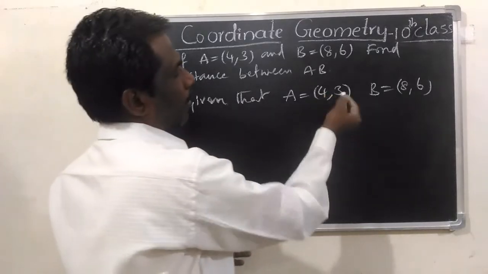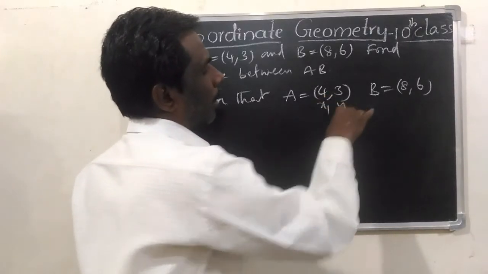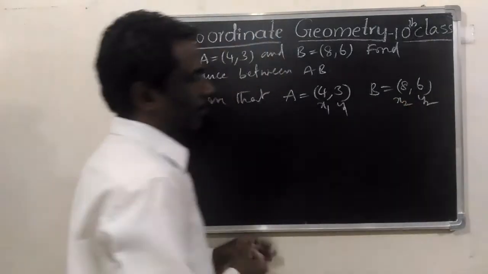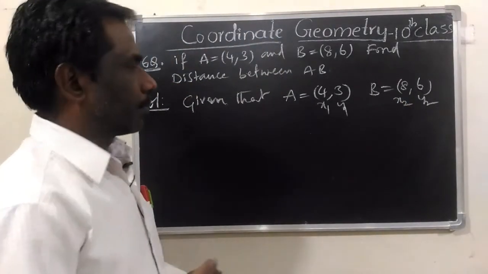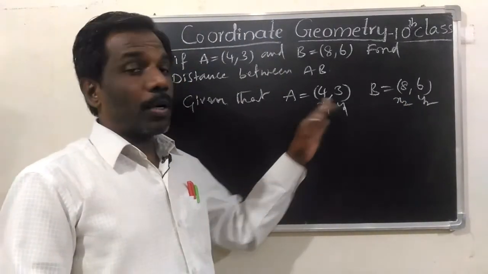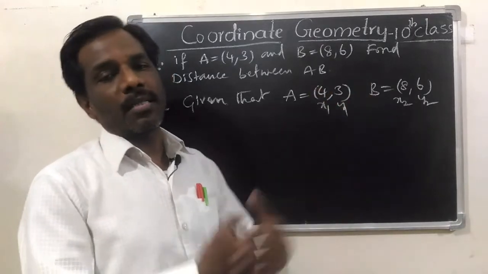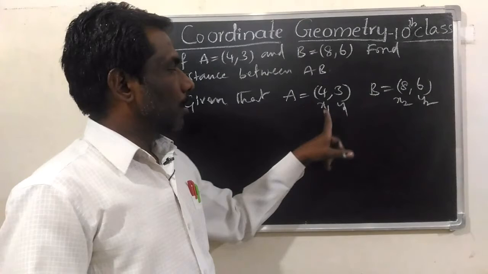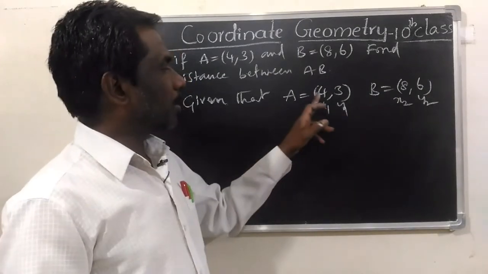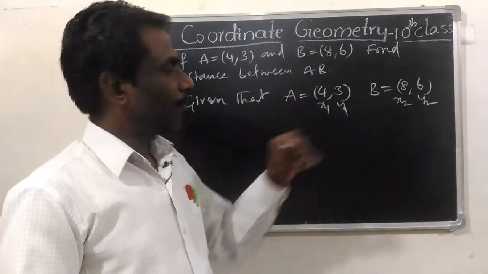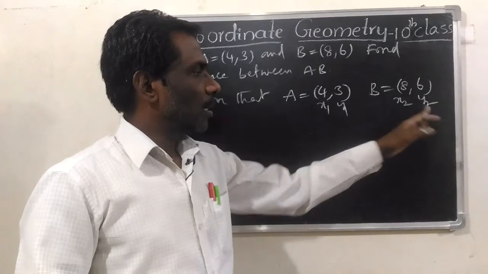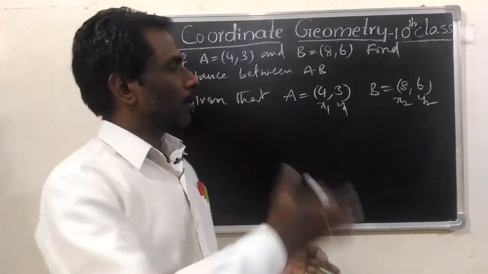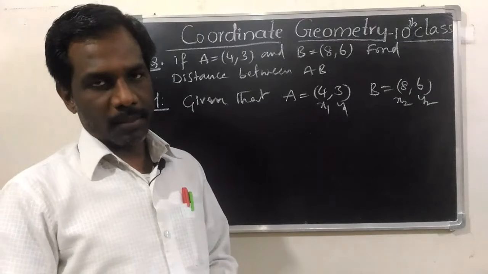Let us assume the first point coordinates are x1, y1 and the second point coordinates are x2, y2. Now observe whether x coordinates are equal or y coordinates are equal. The x coordinates are not equal because it is 4 and that is 8. The y coordinates are also not equal because it is 3 and that is 6. These are different coordinates.